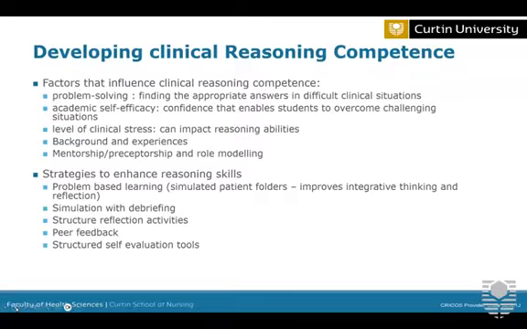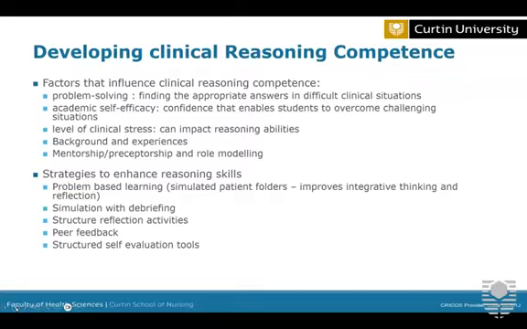The level of clinical stress that you may experience in the clinical area can impact your reasoning abilities, and that's why it's important to become competent in skills and confident in the delivery of skills, so that when you're addressing the patient as the new person in that scenario, you'll have a background of comfort, confidence and competence in the development of clinical skills.